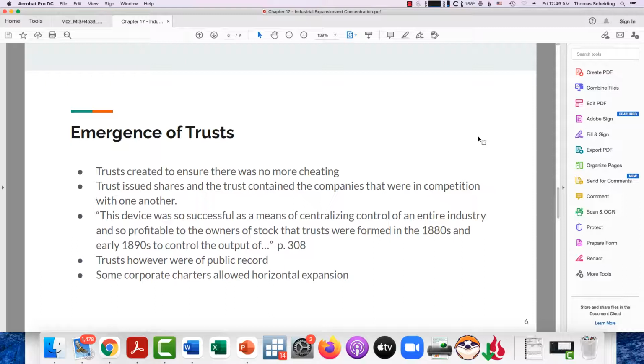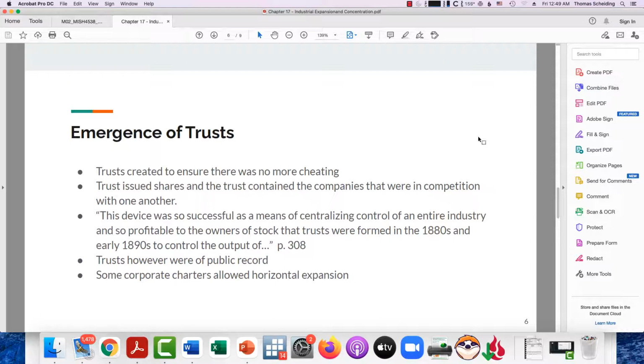So, if everyone then knows what exists, it's hard to enforce things because states are going to find out what's going on and they're going to get grumpy about this anti-competitive behavior. So what we do then is that you have to start to come up with an alternative to the trusts.